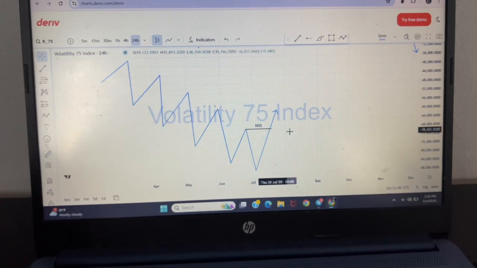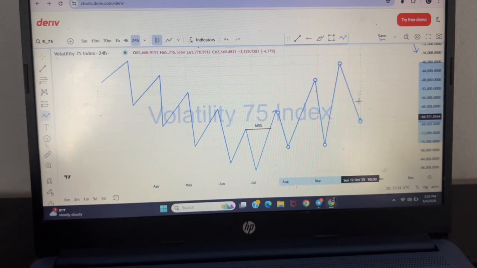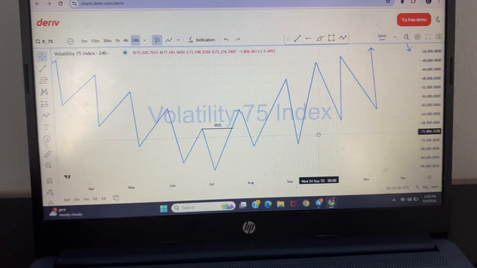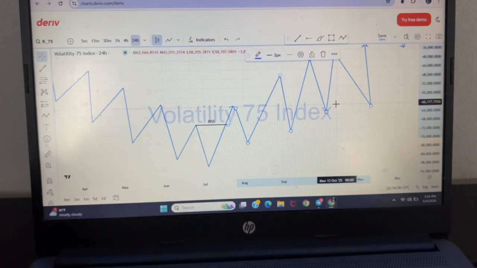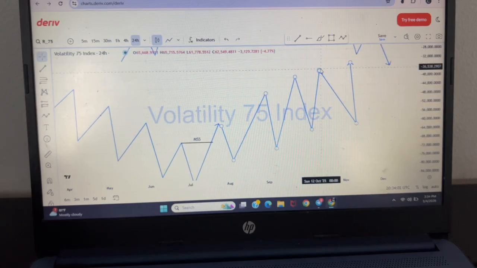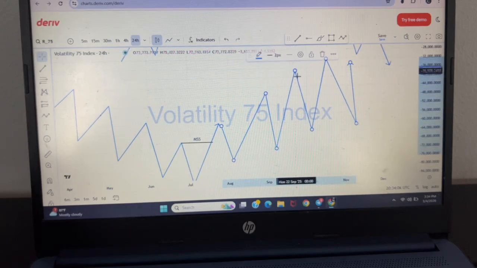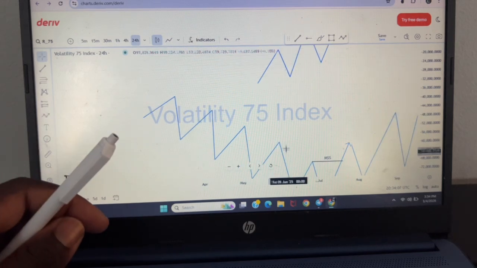Price wants to shift structure and do a little retracement back and then continue to form higher highs and higher lows, right? So this is a signal to show you that price wants to change trend. You want to go into an uptrend instead of continuing this downtrend momentum that it's been doing right here.